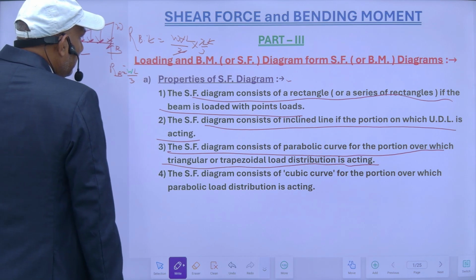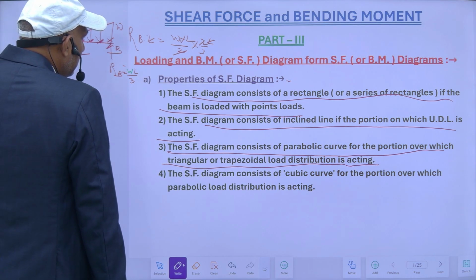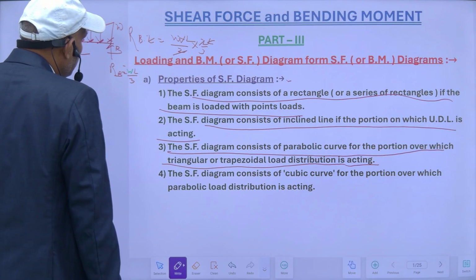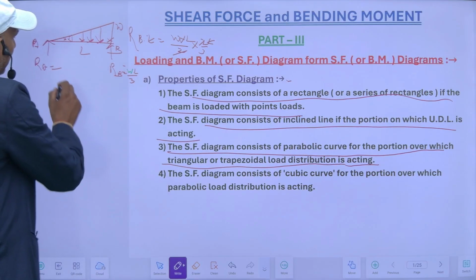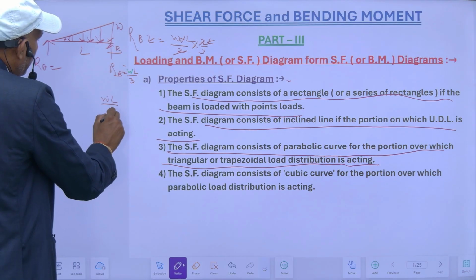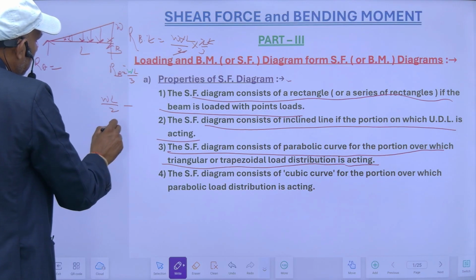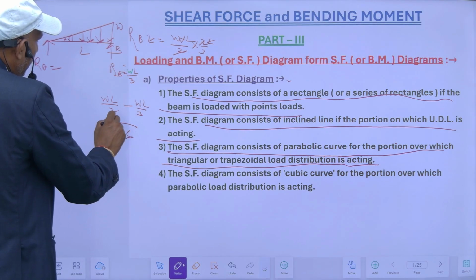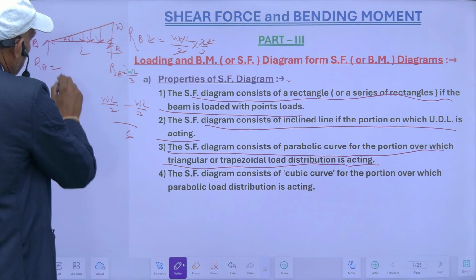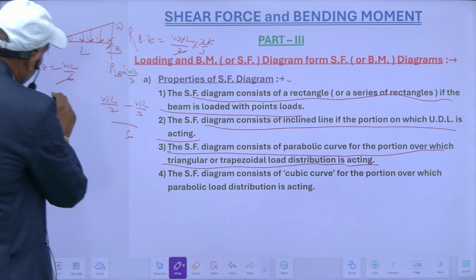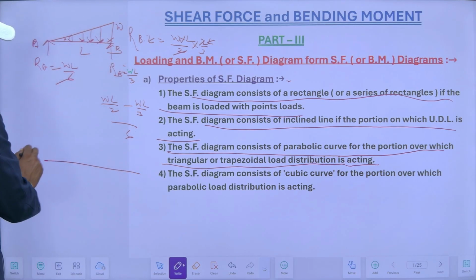And here RA will be equal to the total load, WL by 2, minus WL by 3. So it will be WL by 6. So if I draw the shear force diagram, it will be like this.